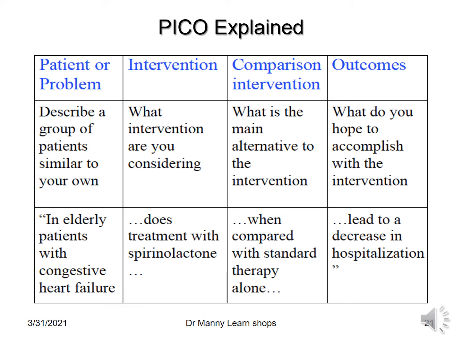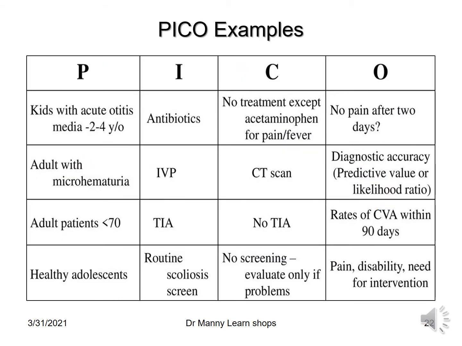Does it improve their clinical status? Does their breathing improve? Does it decrease their hospitalisation? Or how often they go and see their physician? PICO. Patient, intervention, comparison, outcomes. Just one tool.